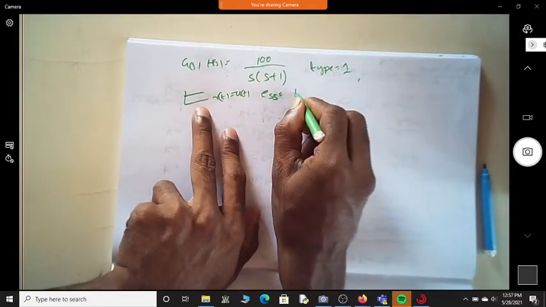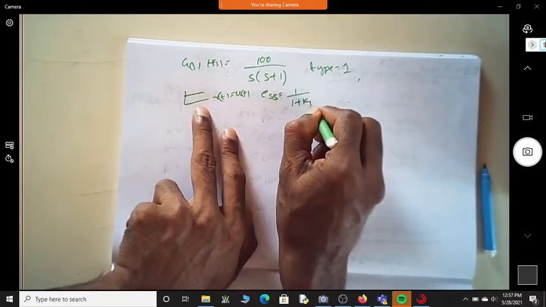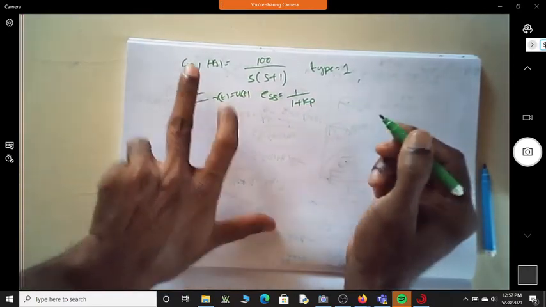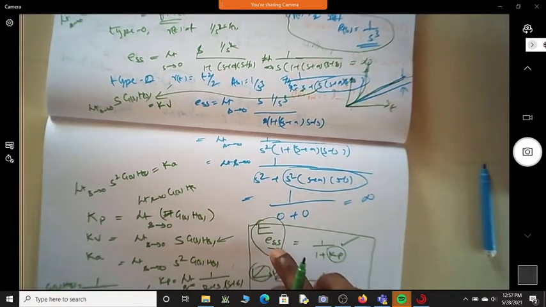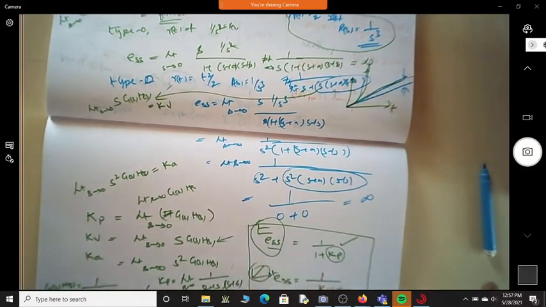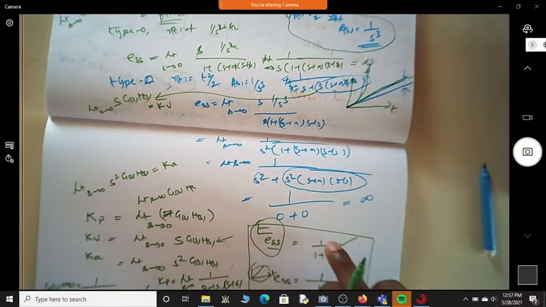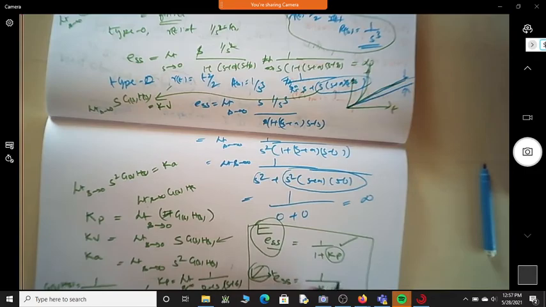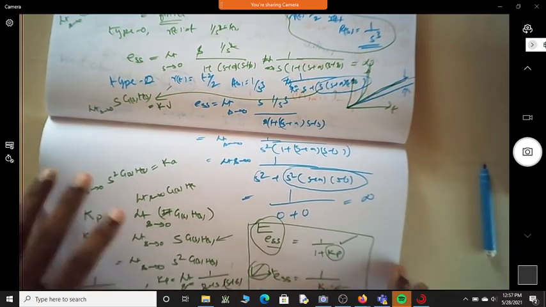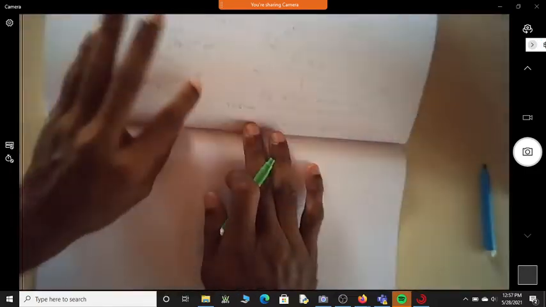Because the step input, it is 1 over 1 plus Kp. As I said, if you are finding steady state error for any given system for a step input, it is 1 over 1 plus Kp. If it is a ramp input, the steady state error is 1 over Kv.